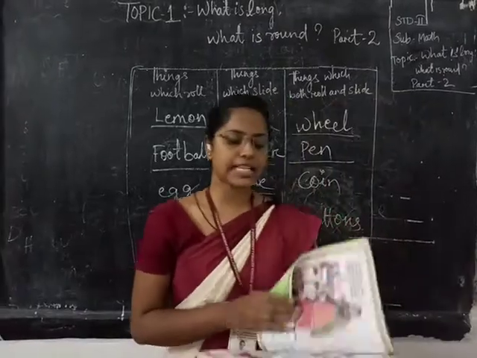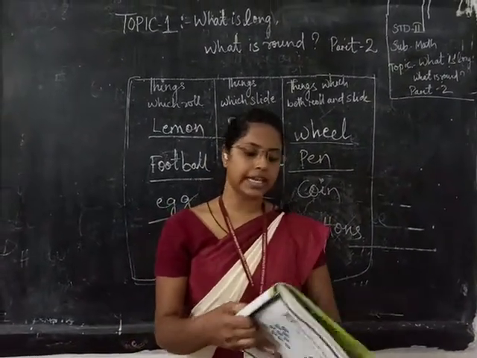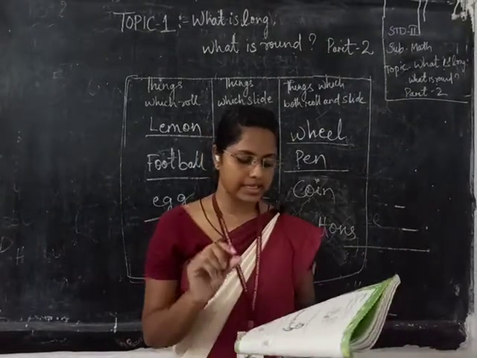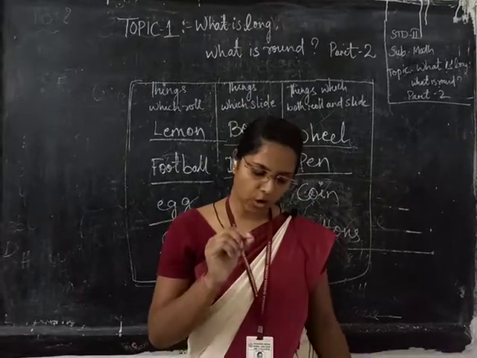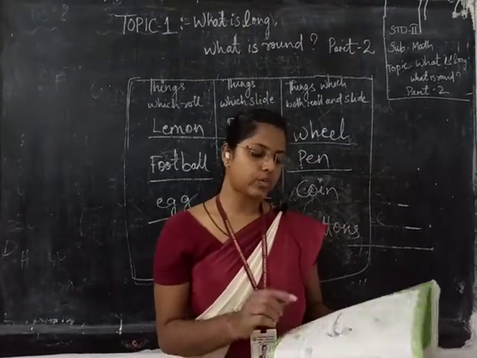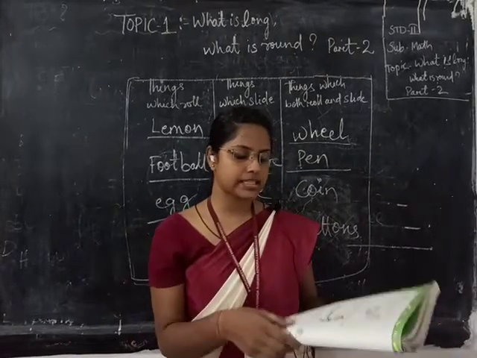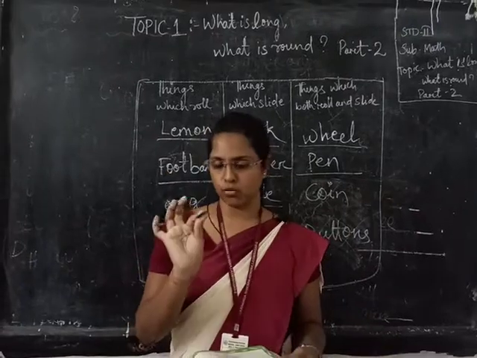So in the last part, there is a question that hold the coin like this and make the coin spin. Does a coin roll? Yes, a coin can also roll. Does it slide? Yes. So can you make a 1 rupee coin stand like this? I have no 1 rupee coin with me.